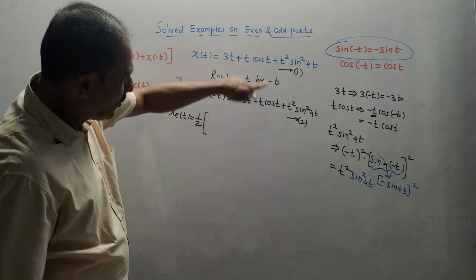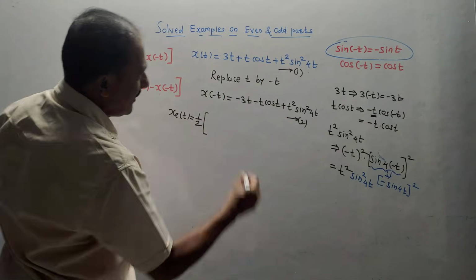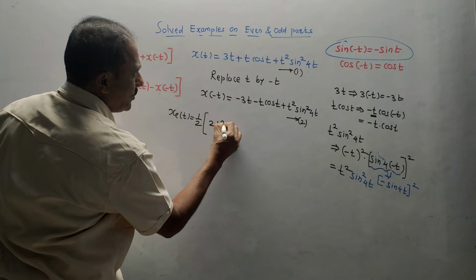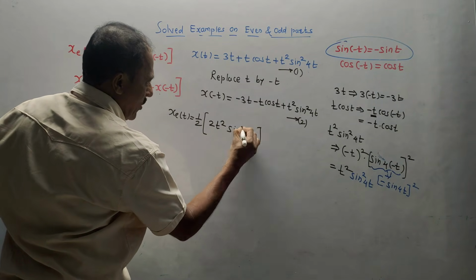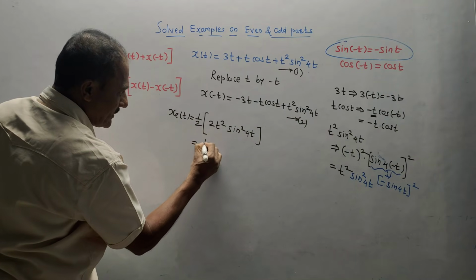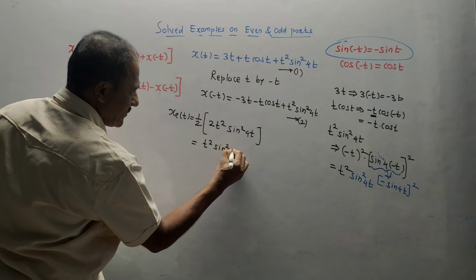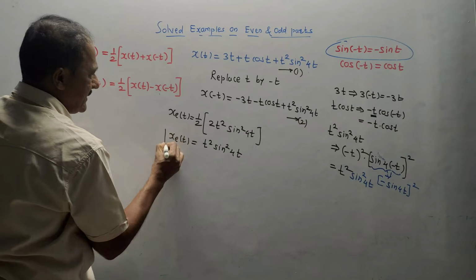Second term plus t cos t and minus t cos t become 0. Third term has the same sign, so if you add it, it becomes 2t square sin square 4t. Outside the bracket I have 1/2, so it becomes t square sin square 4t. This is the even part of the given signal.